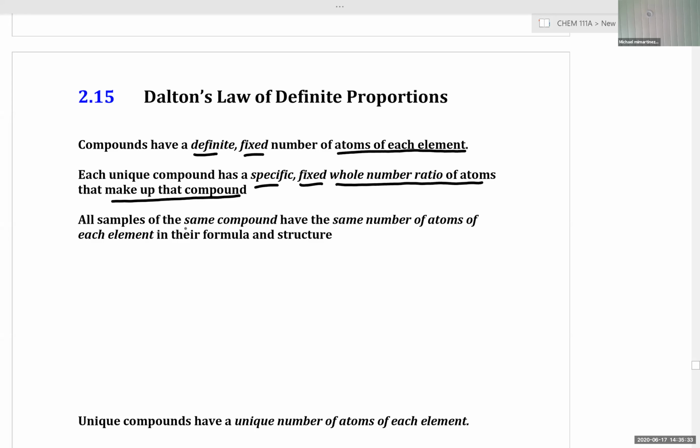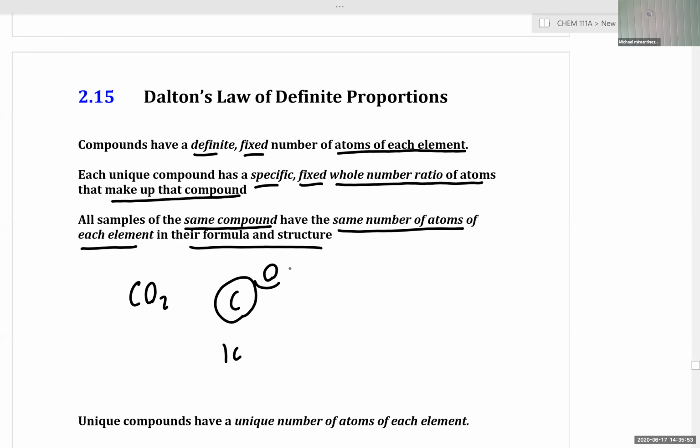All samples of the same compound have the same number of atoms of each element in their formula and structure. So for example, carbon dioxide, CO2, has one carbon atom and two oxygen atoms. This is true for all samples of CO2.